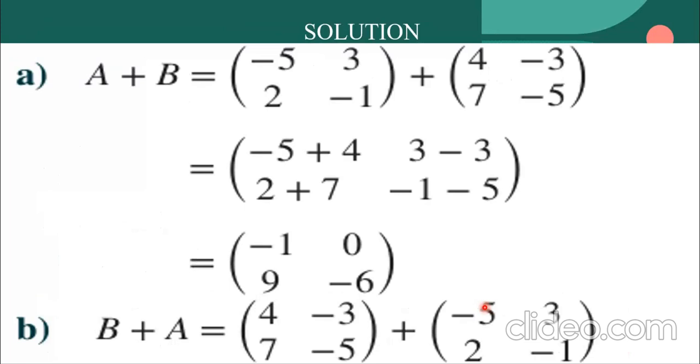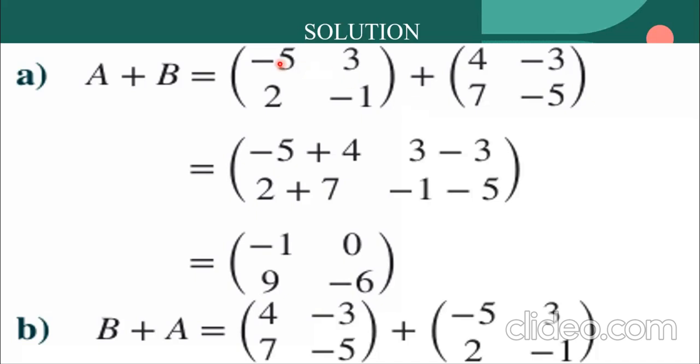So let's go on. We have matrix A plus B. Our matrix A is minus 5, 3, 2, minus 1. Our matrix B is 4, minus 3, 7, minus 5. Remember, the condition is that both matrices must be of the same dimension. The first is 2 by 2, the second is a 2 by 2 matrix. Then we add corresponding values.